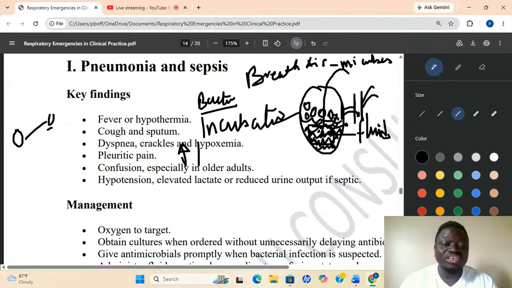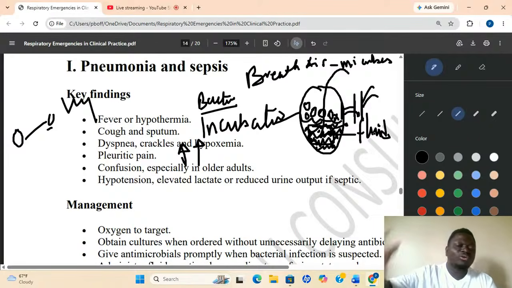Can the hypothalamus control the heat that the cells are bringing to the system? No, it can't. The hypothalamus will be overwhelmed, and there's going to be more heat, fever, as a result of this.